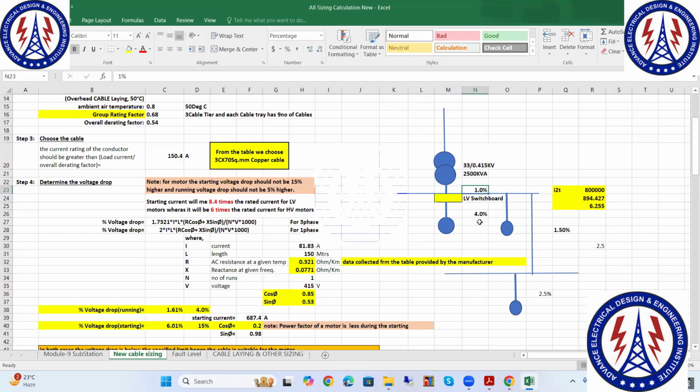Otherwise the cable cross section will be high. So for the smaller length, we go for the smaller voltage drop. For the high length, generally from panel to the motor, the length is always high, so generally we keep it higher.